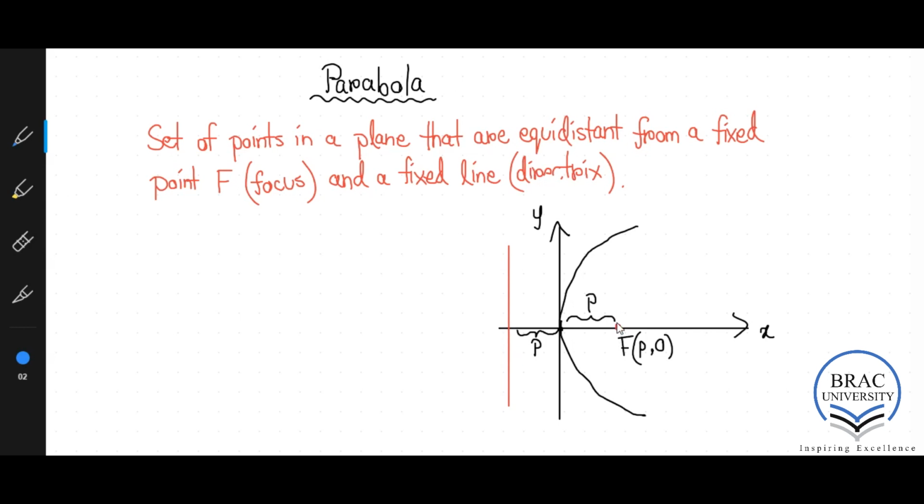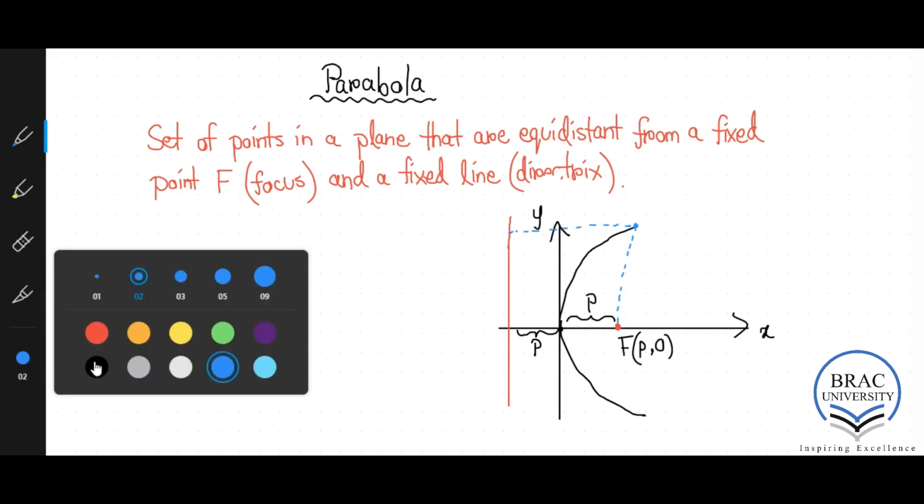So as I discussed a while back, if we choose a point here and look at its distance from the line here, so this line extends all the way up. Let's geometrically label these points.